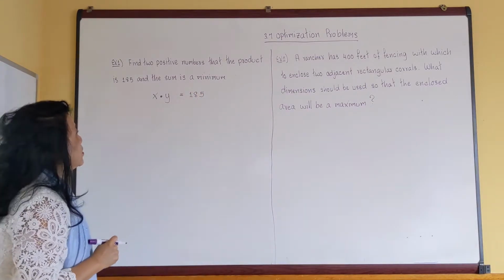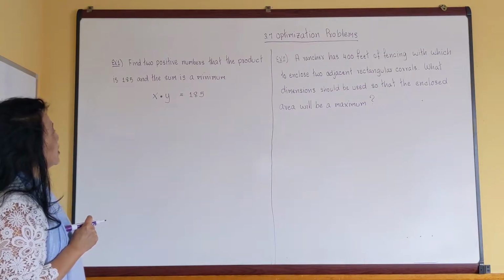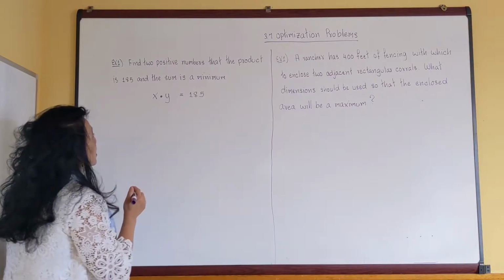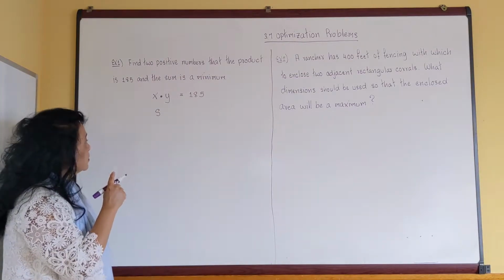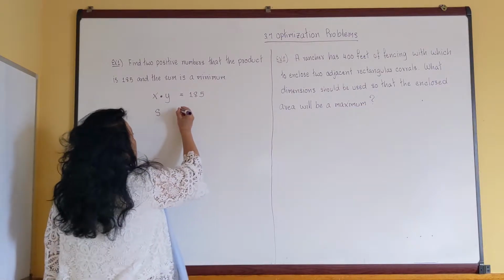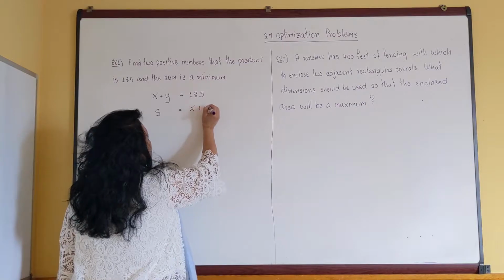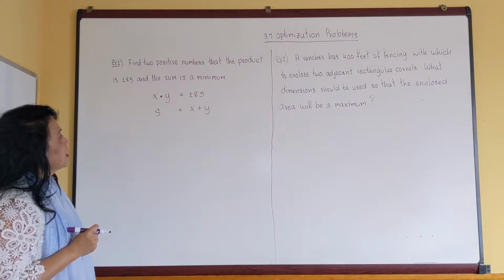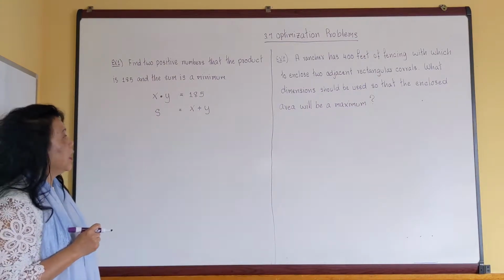The product is 185, and then the sum, meaning you add them, is a minimum. So I'm going to say S represents the sum, which is x plus y.